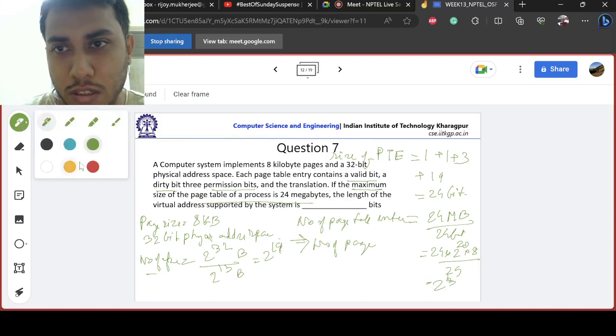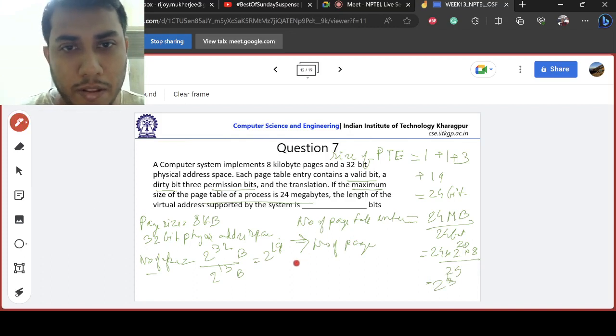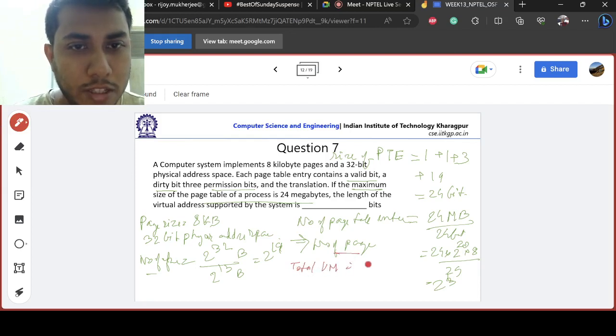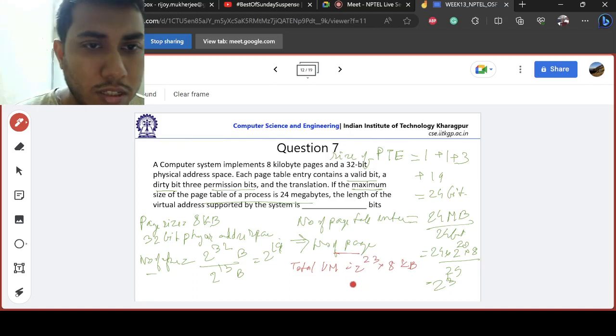Now the total virtual memory will be the number of pages multiplied by the size of each page, that is 8 KB. So it will be 2 to the power of 36 bytes.